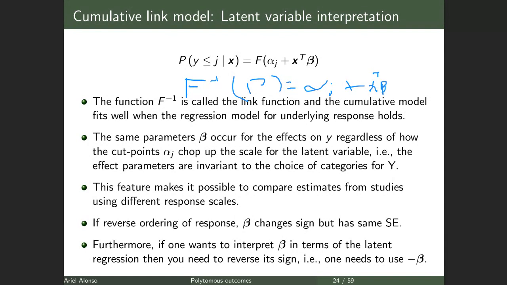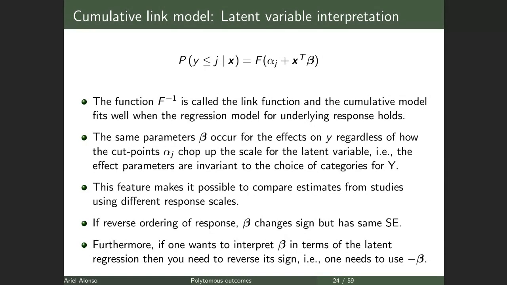So the inverse of this cumulative distribution function will be your link function. And you see that when you deduce your model from this latent model, the beta doesn't depend on j. So you have the same covariate effect for all the j.